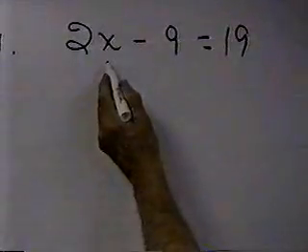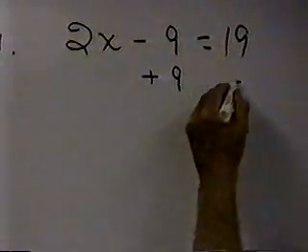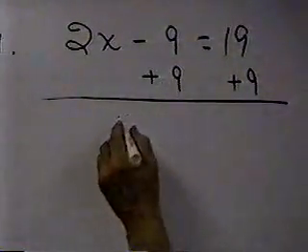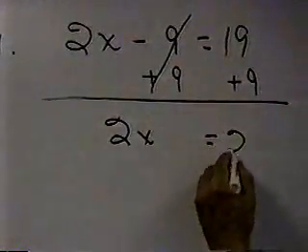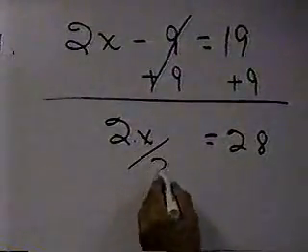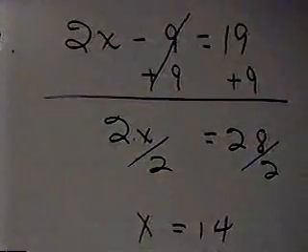We want to solve for the number x, so we're going to move things across by opposite operation. This is subtracted, so we're going to add it. So this will add up, and now the 2 is connected by multiplication, therefore we divide, and we get x is equal to 14.